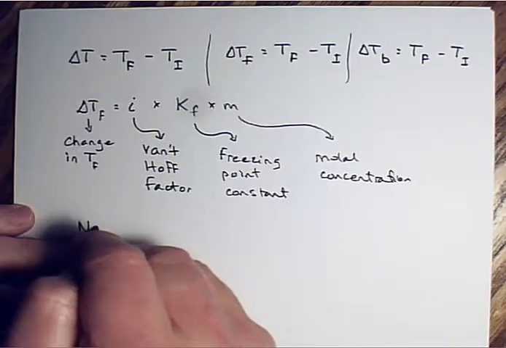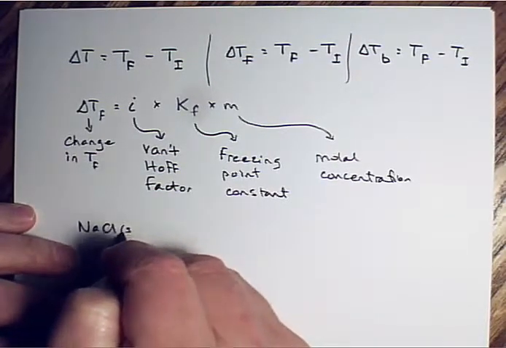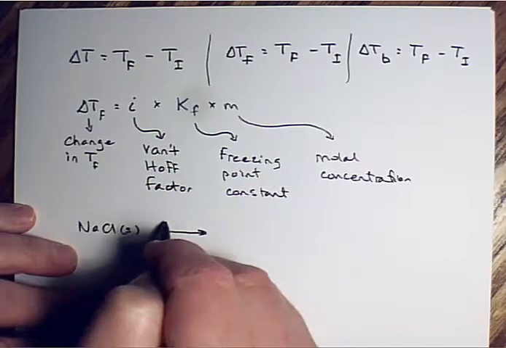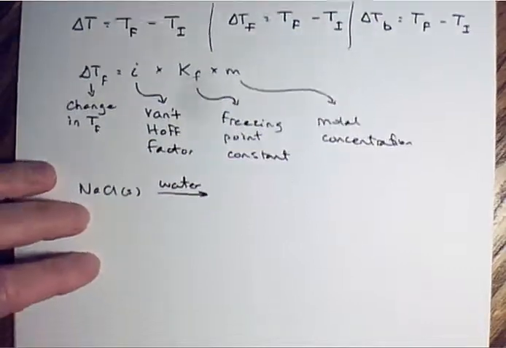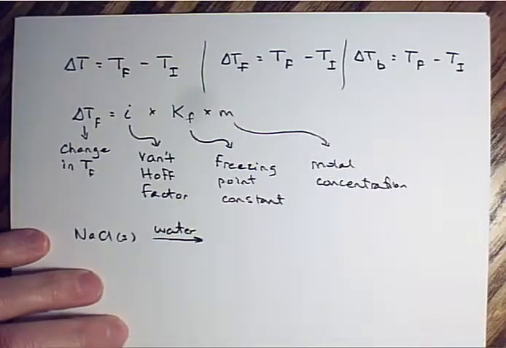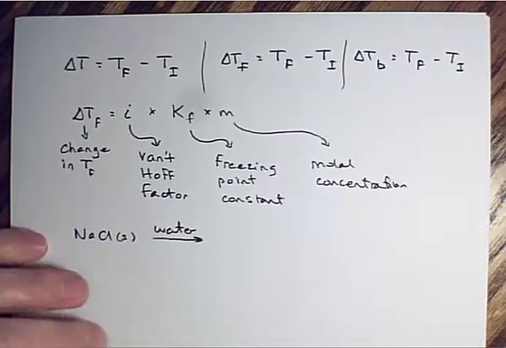So here's a simple example. Sodium chloride in solid form. We're going to dissolve it. Let's say we dissolve it in water. How many particles does it break into? Number of particles that a formula unit breaks into. So what particles does sodium chloride break into when you dissolve it in water?